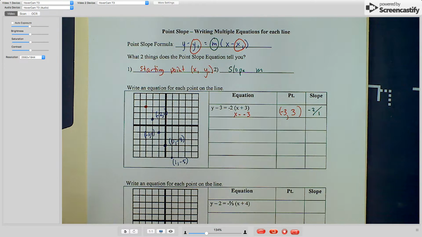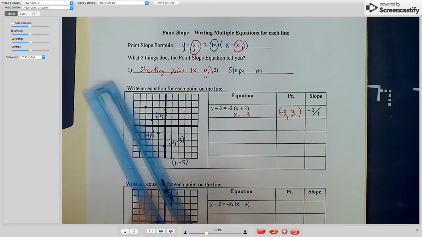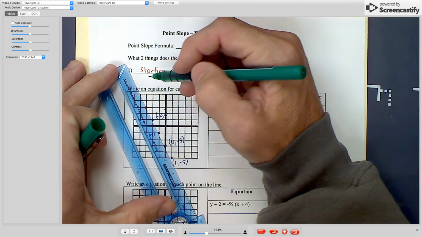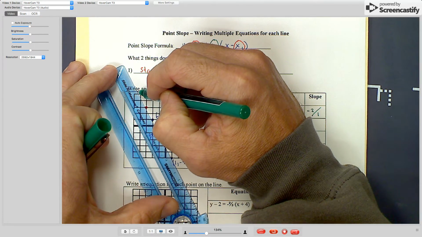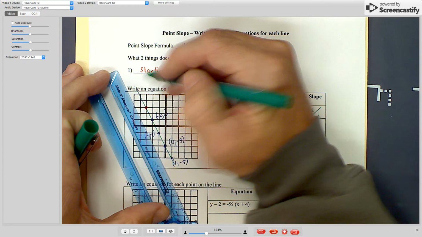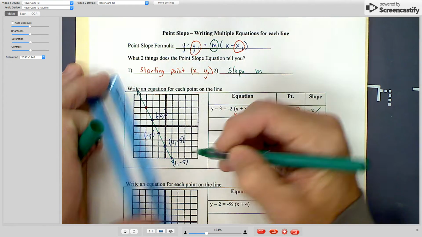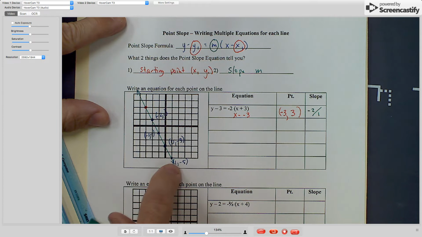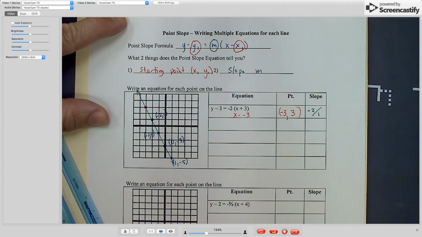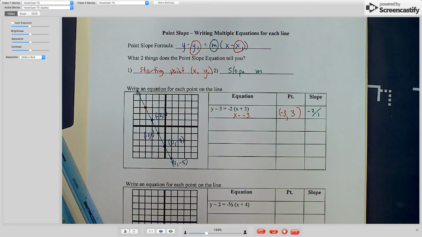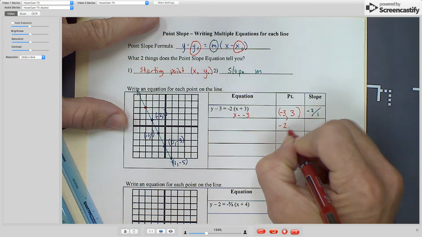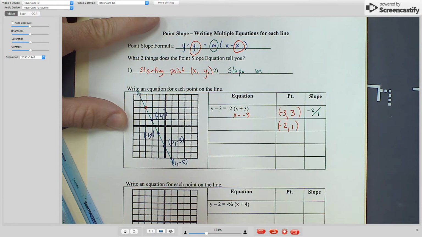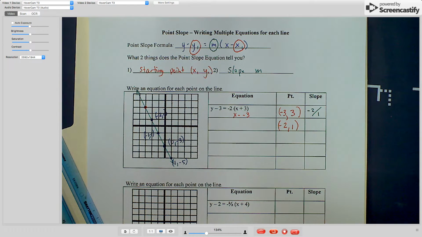So as I go to graph this line, get my straight edge, put my arrows on the end of the line, I recognize that there are 1, 2, 3, 4 more points that we have identified. So I'm going to write those points over here because they are solutions that are on this line. The first one we said was negative 2, positive 1. I'm going to change the colors on these to make it a little bit easier.